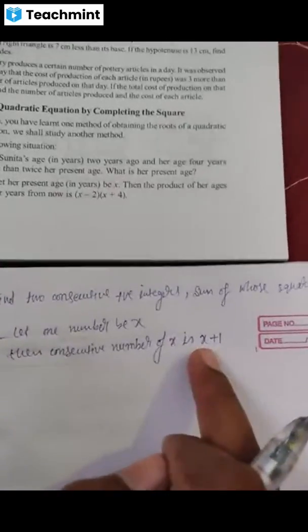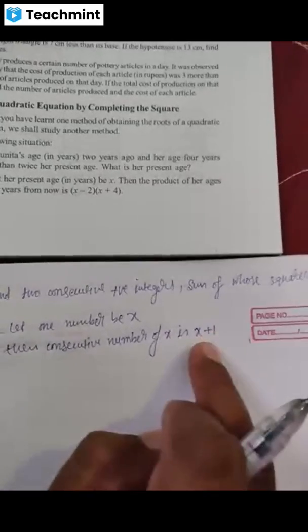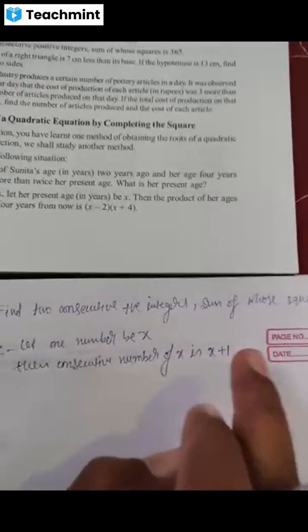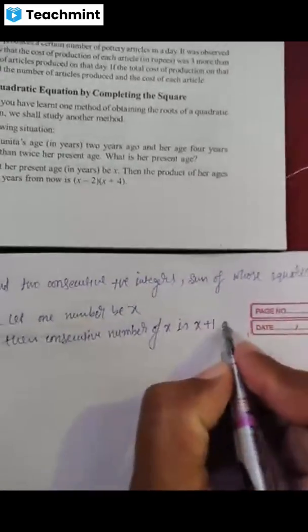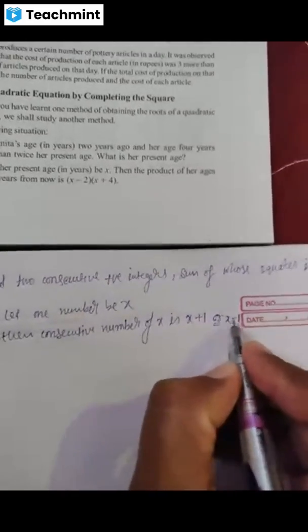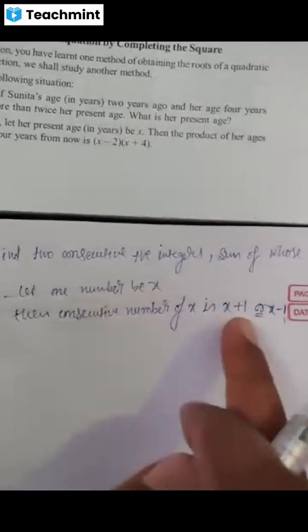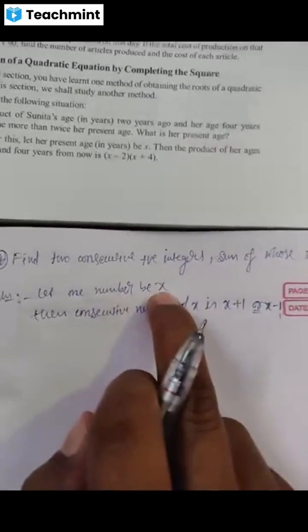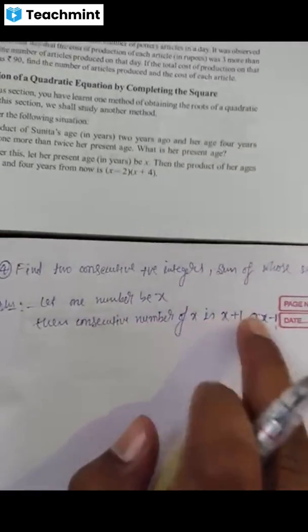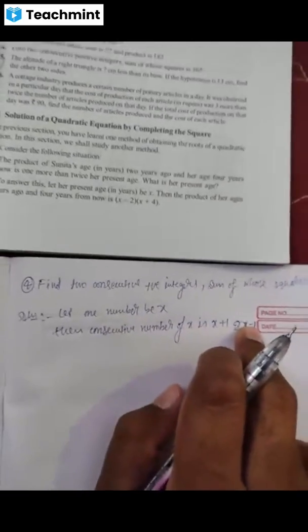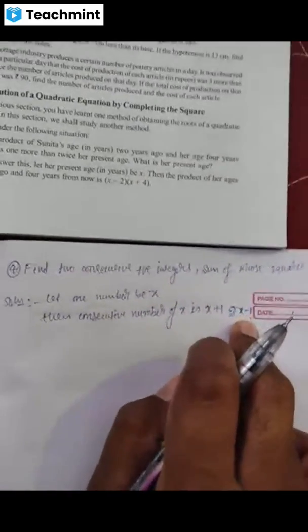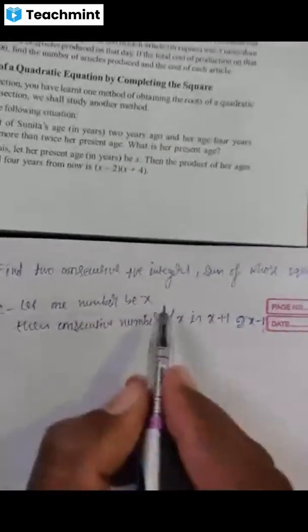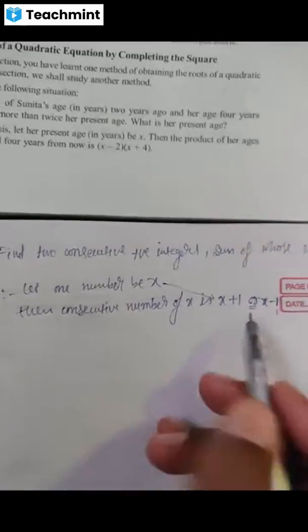You may take this as x plus 1 or you may take this as x minus 1. Both are correct. If I take one as x, the other will be x plus 1 or x minus 1. That means if I take this as 10, the other can be 11 or 9. All of you understand? So I will use only this one, you can do the other.